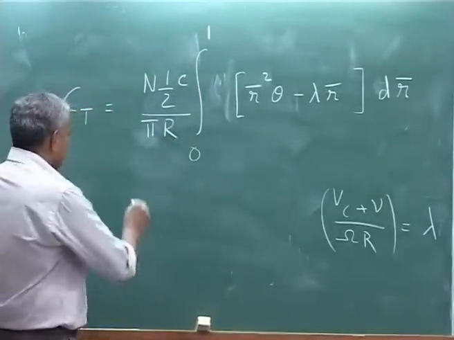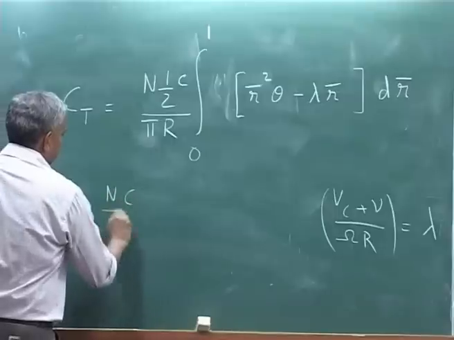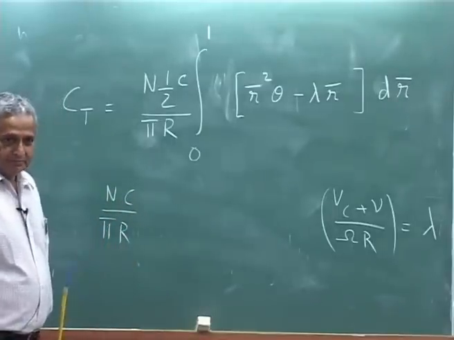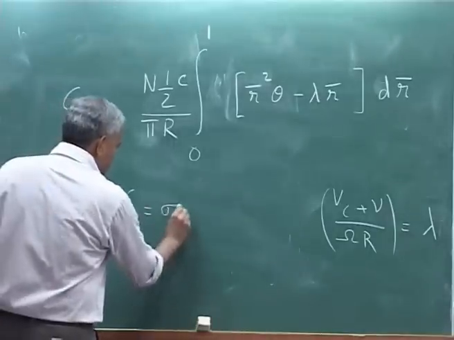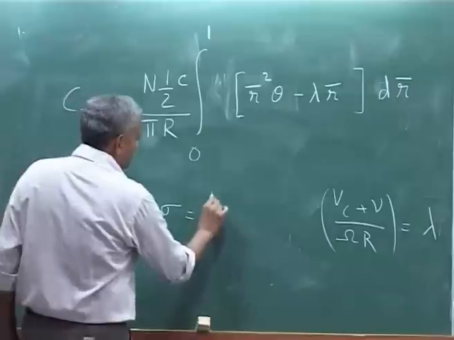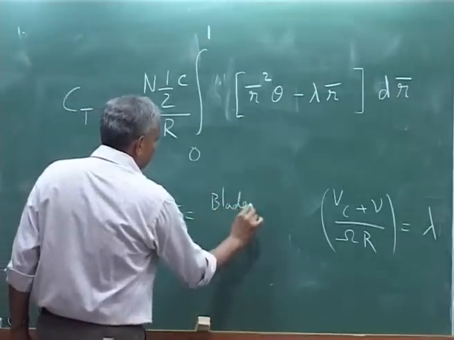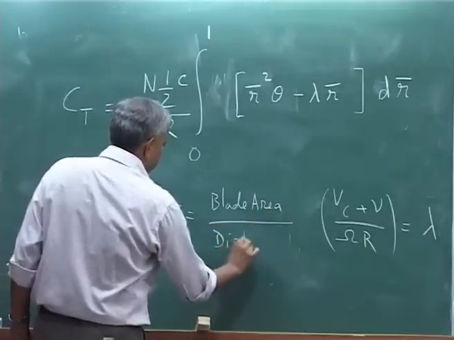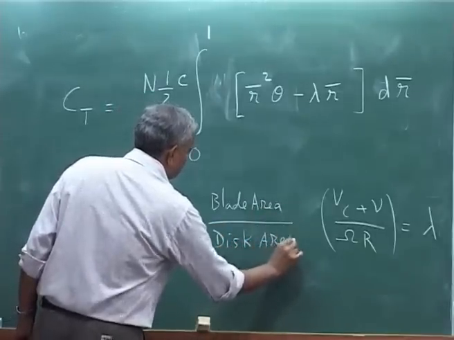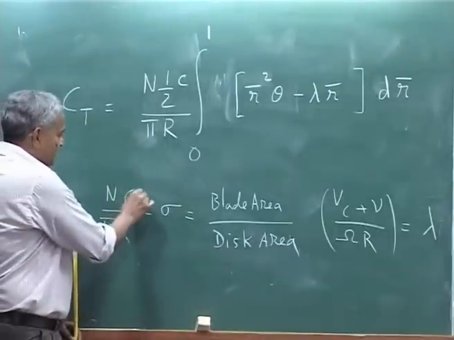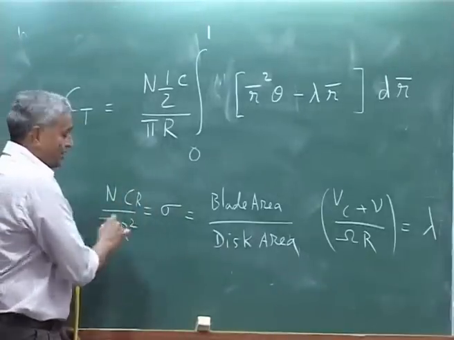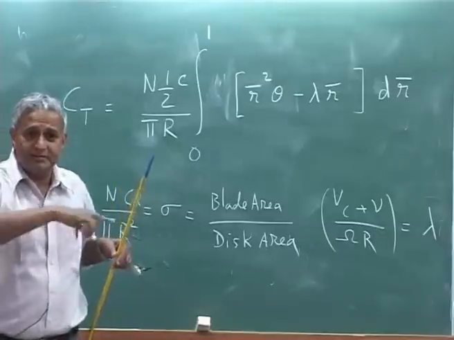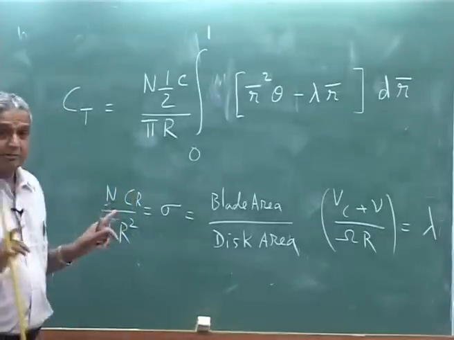Now, this quantity I am going to call sigma, which is essentially blade area over disc area, because if I multiply R and square, c R is chord into span, that is the blade area, and N is the number of blades.